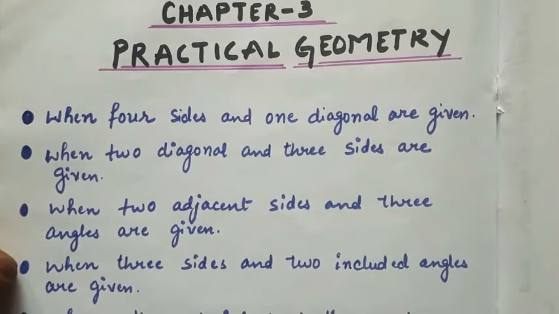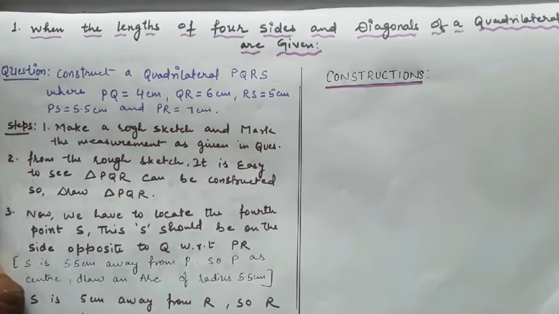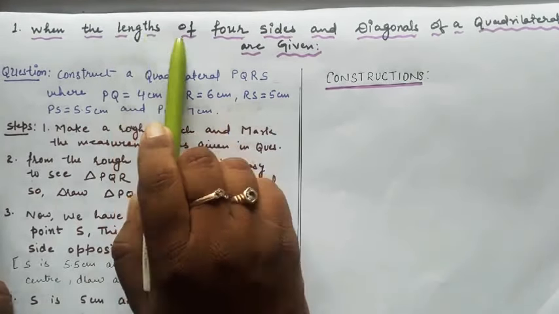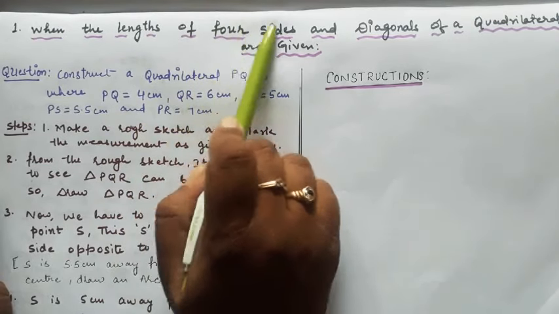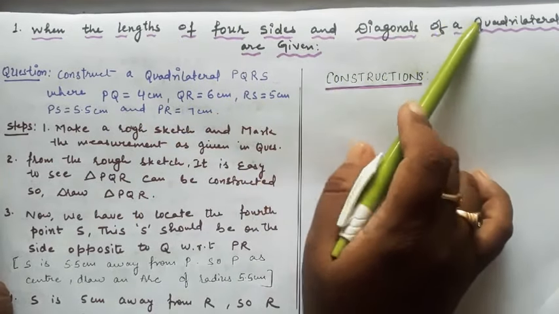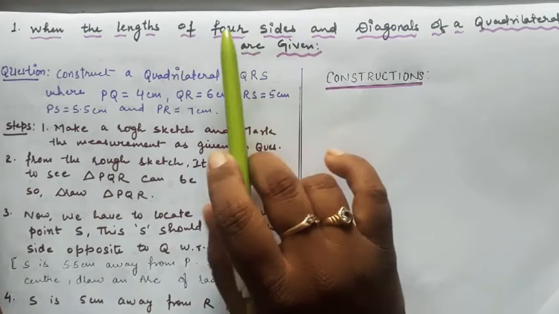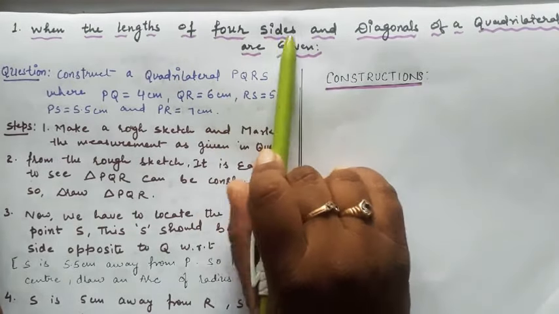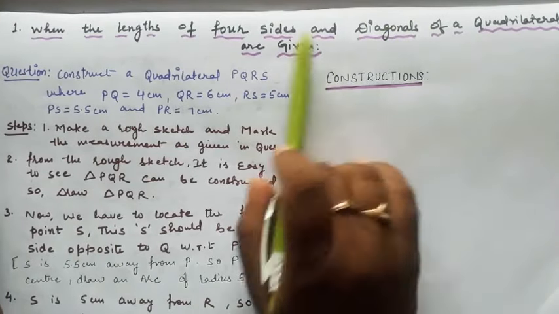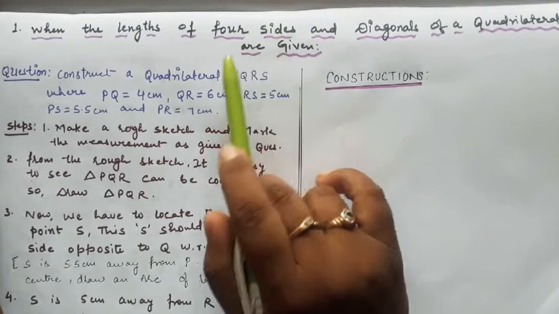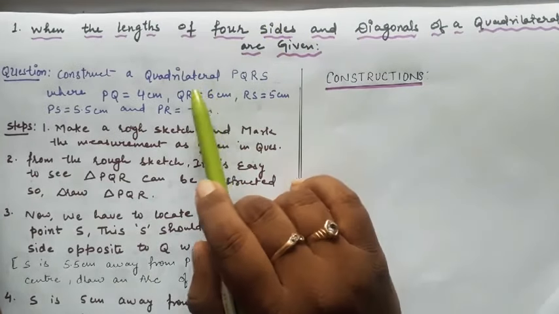So here is the first condition to construct a quadrilateral: when the lengths of four sides and a diagonal of a quadrilateral are given to you. Based on this condition I have taken one example to make you more clear.